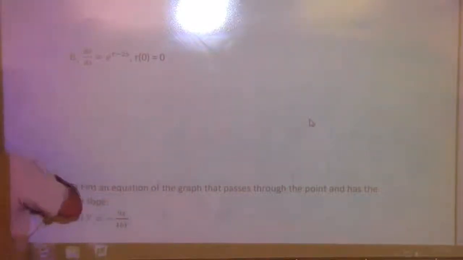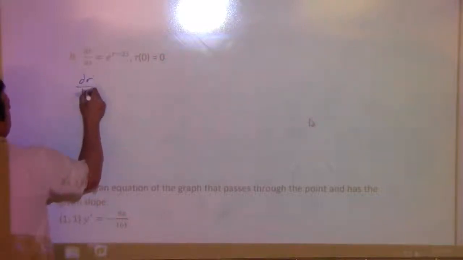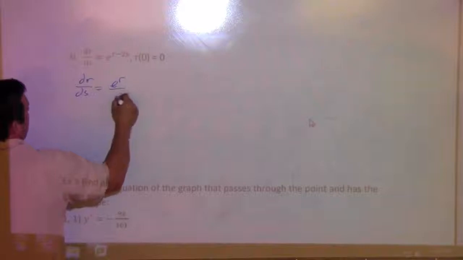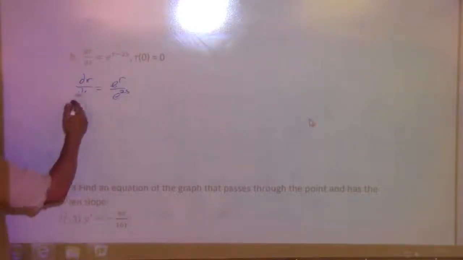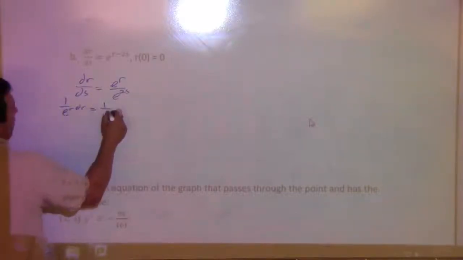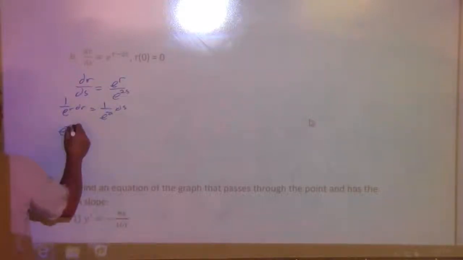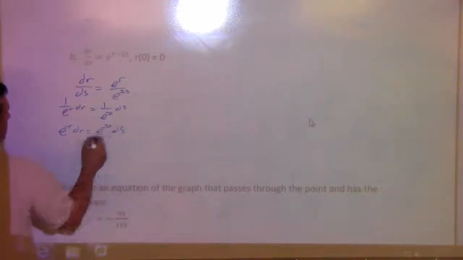So you can write this as dr ds equals e to the r over e to the s. If you bring that over, switch them around, 1 over e to the r dr equals 1 over e to the s ds. And you can say e to the negative r dr equals e to the negative s ds.